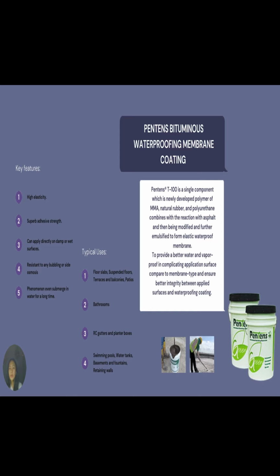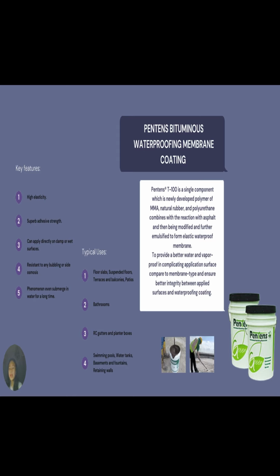For our third one, it is the Pentens Bituminous Waterproofing Membrane Coating. It is a single component, newly developed polymer of MMA, natural rubber, and polyurethane combined with asphalt, then modified and further emulsified to form an elastic waterproof membrane.